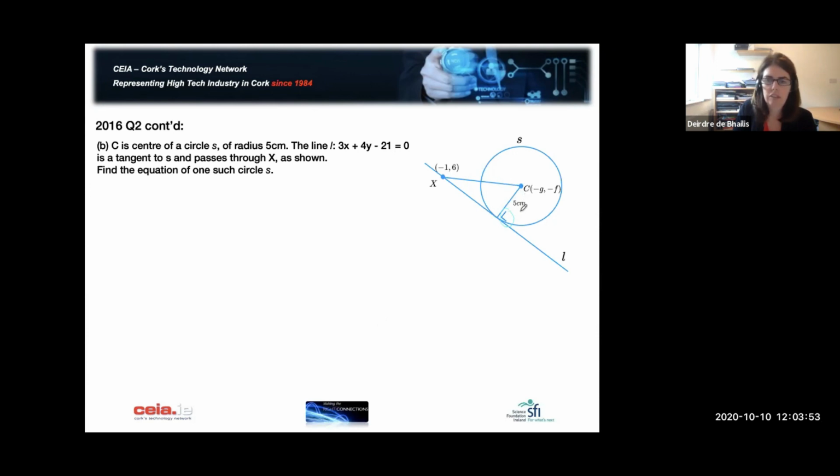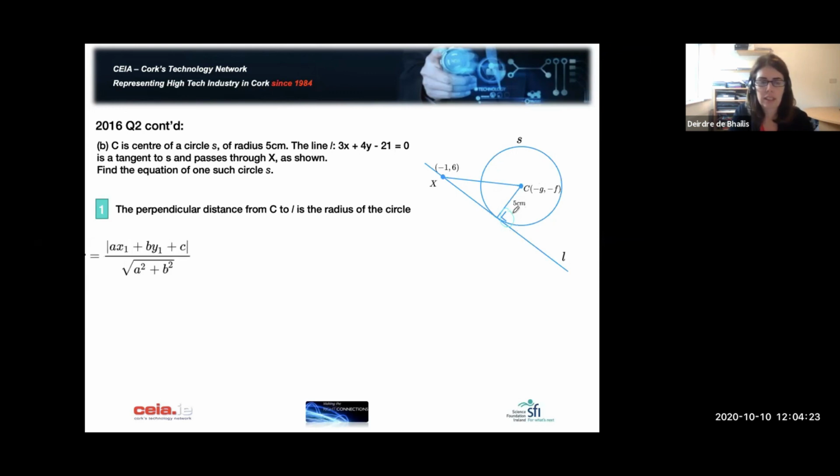And if we're looking for the circle, we obviously need to find C. So again, it's that perpendicular distance formula, because we know the distance of the radius here, 5, and we know the equation of this line. So we need to find some way to find g and f using that formula. So that's the route we're going to head down first.